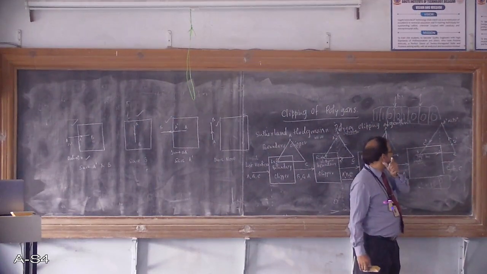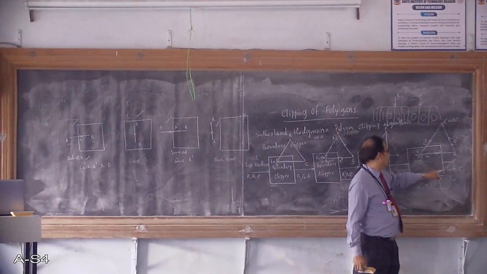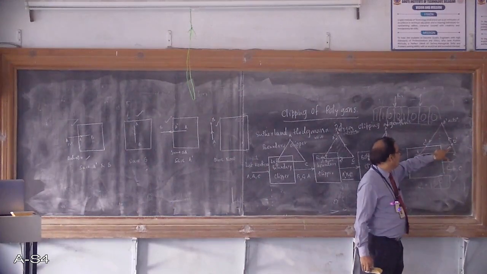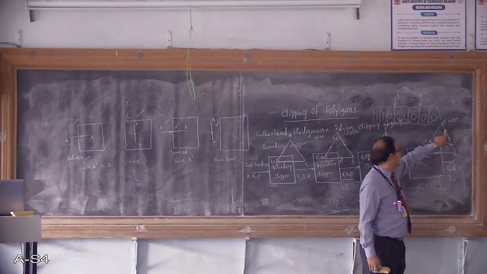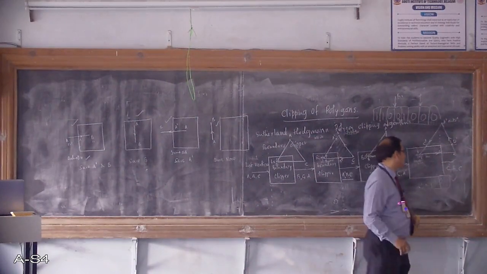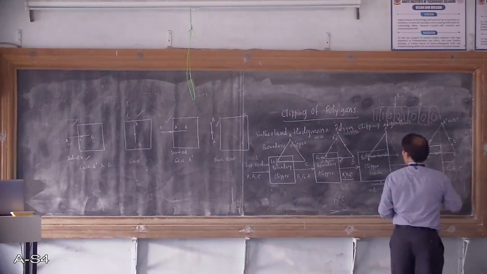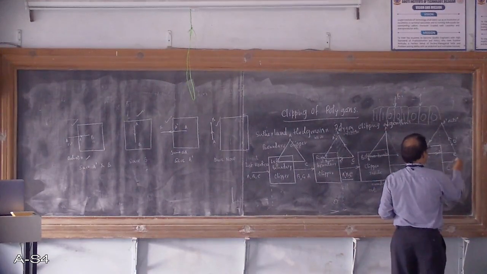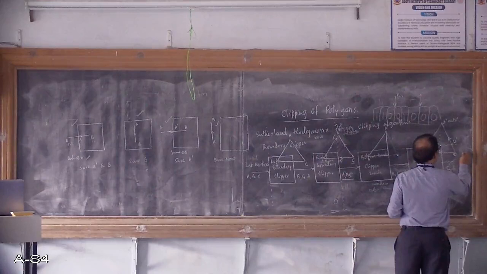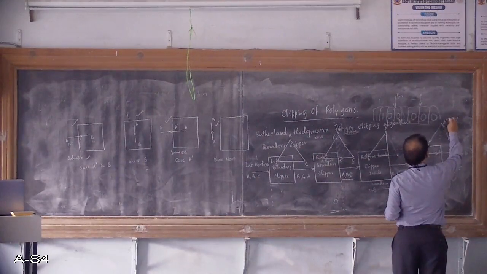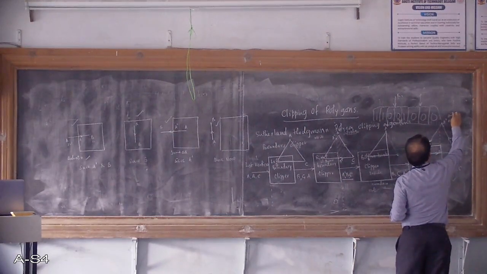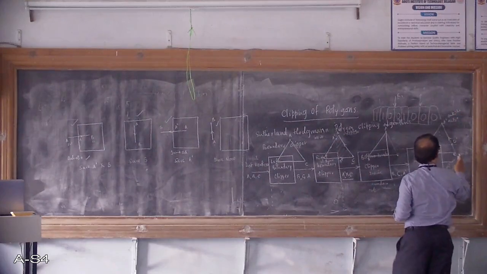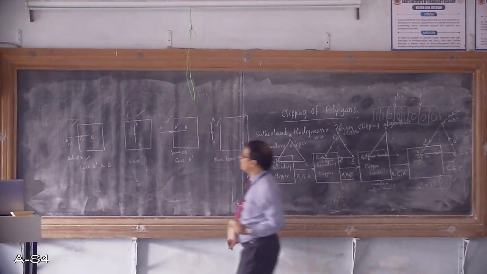There are three vertices now, C, D dash, A dash. Now this case is the edge vertex C is inside whereas A dash is outside. So this case is from inside to outside.